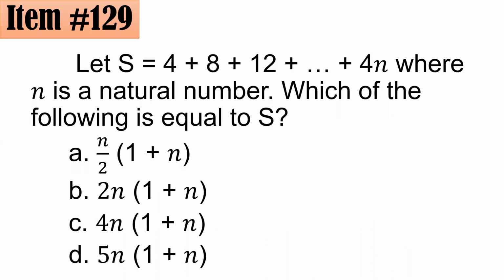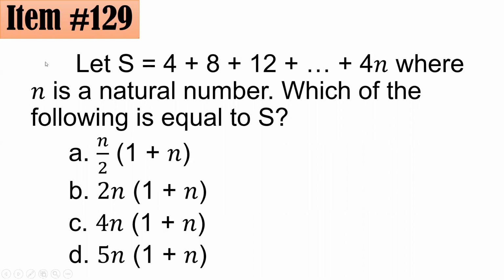129. Let S be equal to 4 plus 8 plus 12 plus, all the way until plus 4n, where n is a natural number. Which of the following is equal to S? Okay, marami po yung sumagot. So far, we have 3 people who commented, or 4, 5, and the list keeps growing.